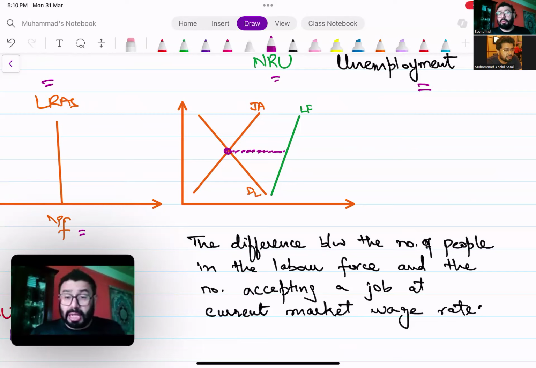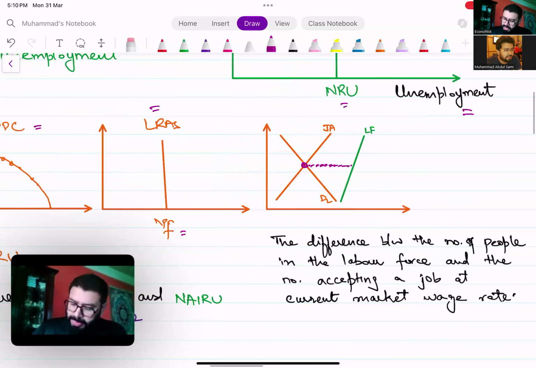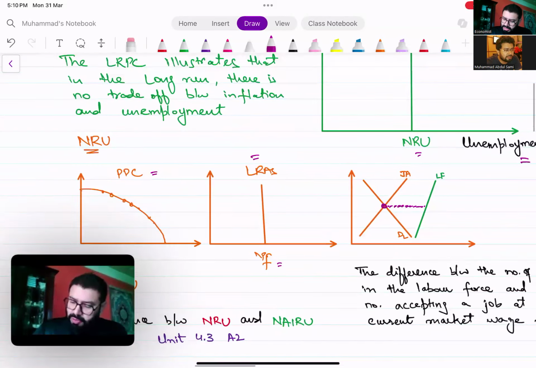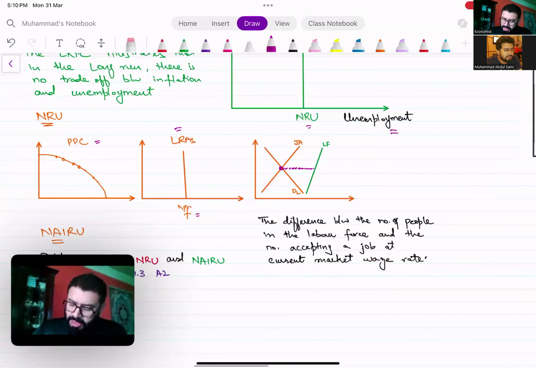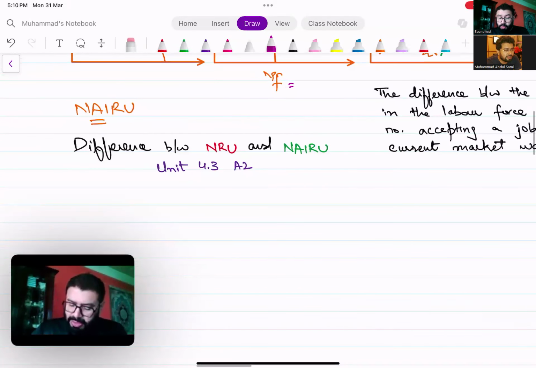The natural rate of unemployment is caused by a combination of frictional and structural unemployment. So this is the introduction of NRU. If you need more details, it is covered in topic 4.3 in A2 economics. The recorded lecture is there, and you may go through it.